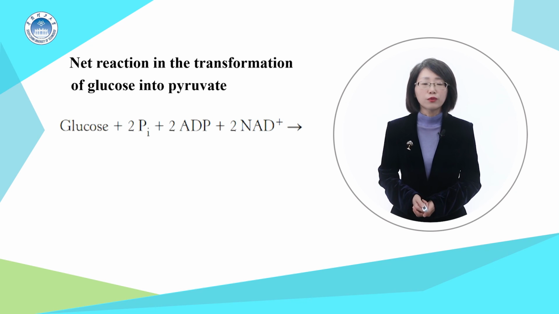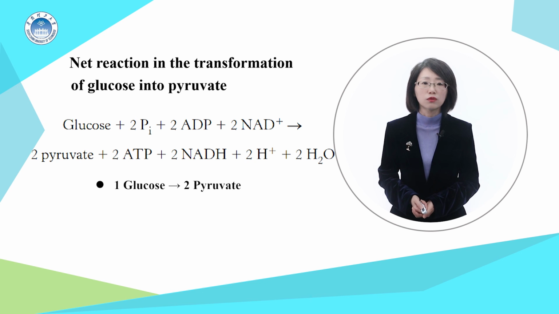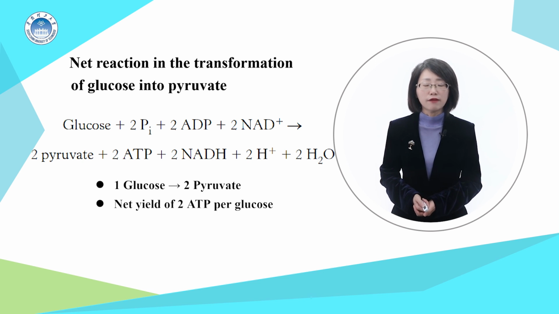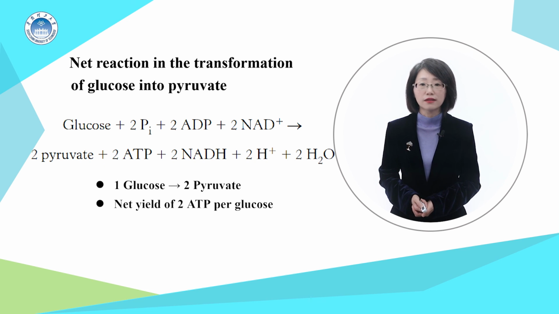This is the overall reaction of glycolysis. One molecule of glucose is converted into 2 molecules of pyruvate. The initial investment of 2 ATP per glucose in stage 1 and the subsequent generation of 4 ATP by substrate-level phosphorylation in stage 2 give a net yield of 2 ATP per glucose.